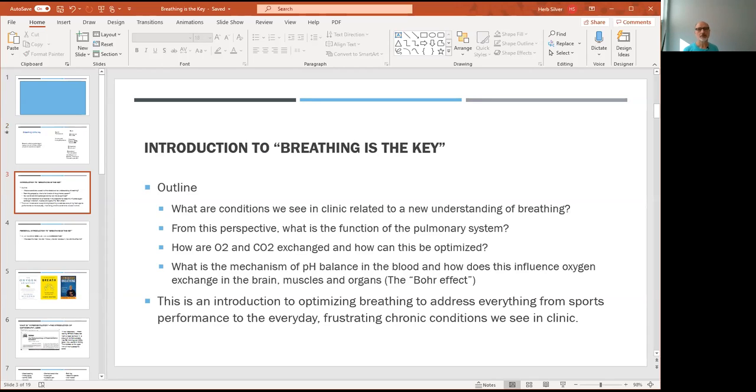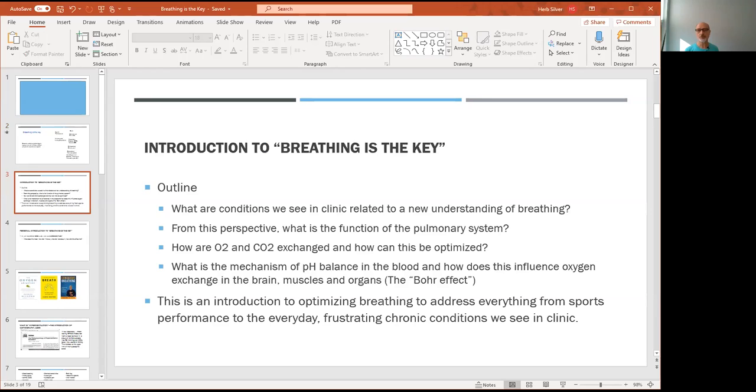My basic understanding was that we take big breaths in and oxygenate our blood, and we blow out waste products, carbon dioxide, and that's absolutely incorrect. I thought that was correct, kind of knew it wasn't correct, but I was confused. So I want to introduce how to optimize oxygen and CO2 exchange.